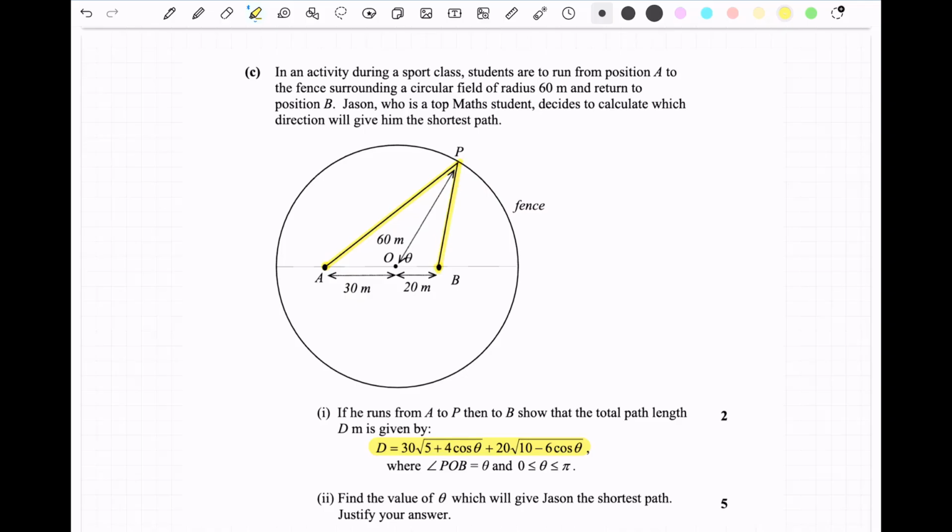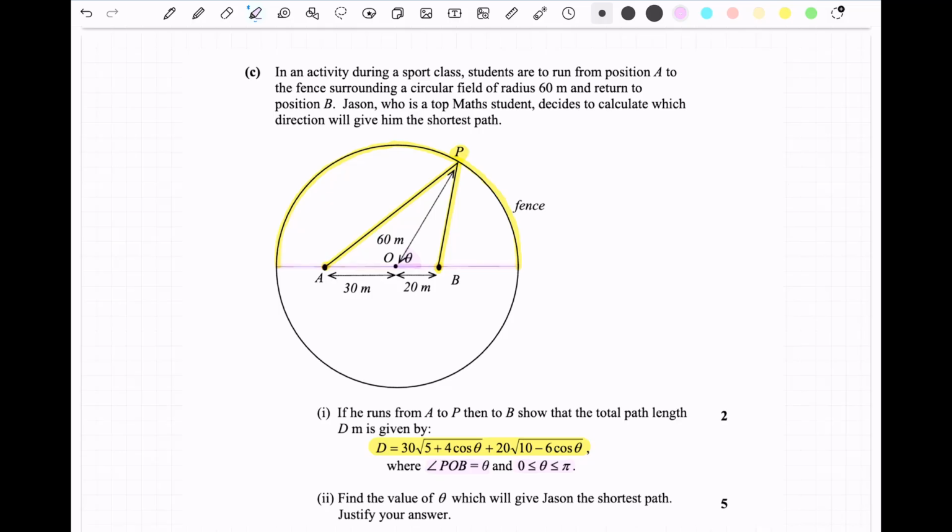Point P can be anywhere in this semicircle here, because the angle theta, which is defined as angle POB, so this angle here is theta, can be anywhere between 0 and pi radians, anywhere between 0 and 180 degrees, so basically anywhere between that line.